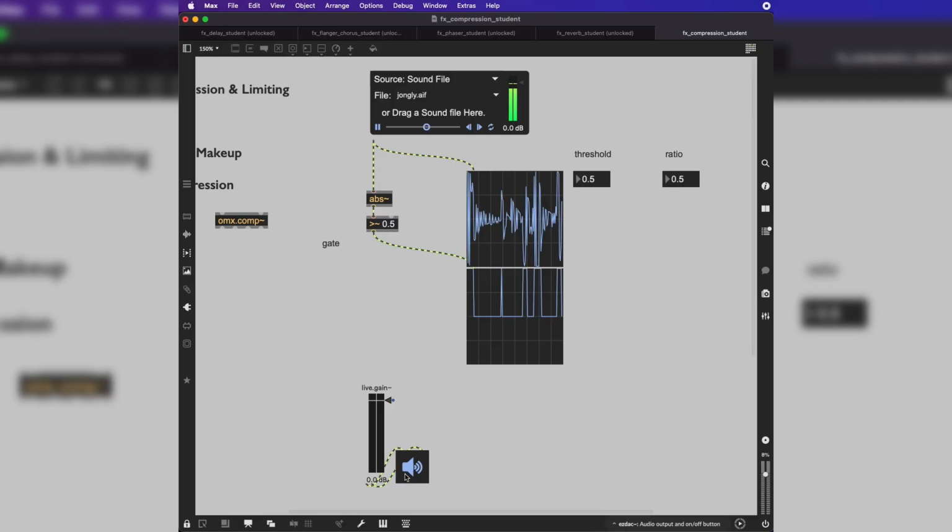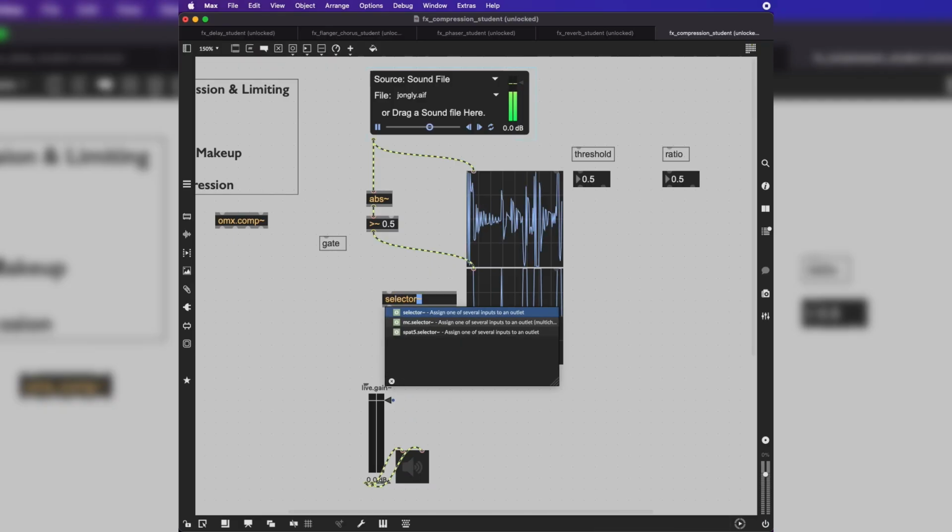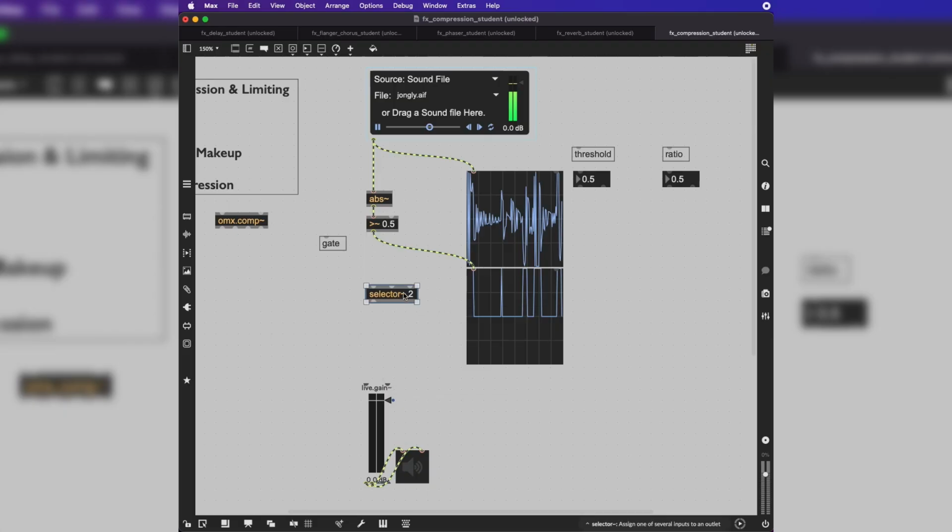So we can make maybe a selector tilde with 2 inputs. The first input will be our scaled or compressed signal, and the second signal will be our original signal. I didn't compress the signal yet.